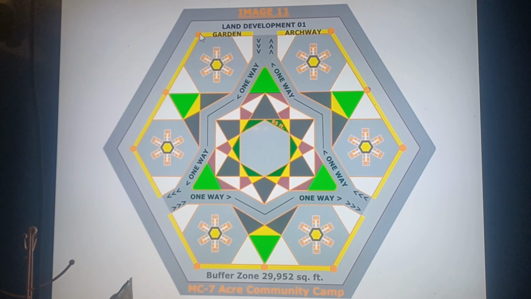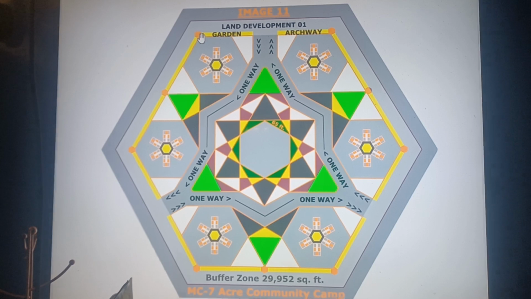Do the 7 acres again. 425 minus 318. That gives us a buffer of 107 feet. Now we're going to divide that by 2.